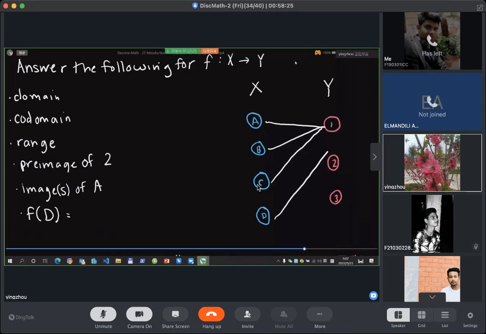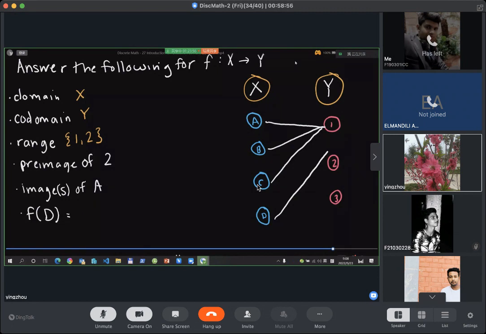Answer: what is the domain of a function that maps X to Y? The domain is the set X. You can see X represents A, B, C, D. The codomain would be set Y, which is all of the values in that codomain. The range would be only the values of 1 and 2, so the set containing 1 and 2.